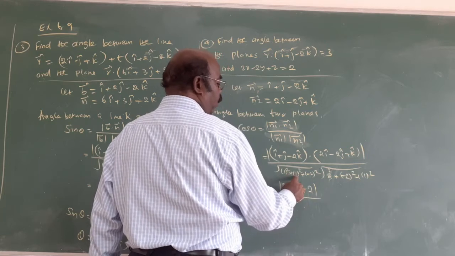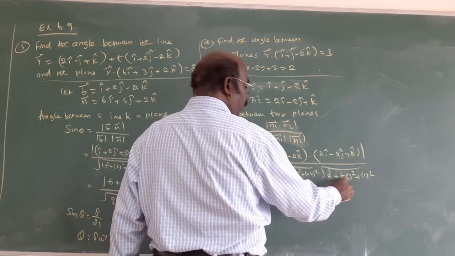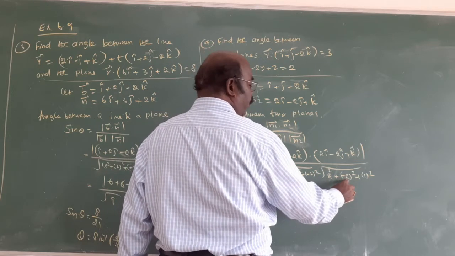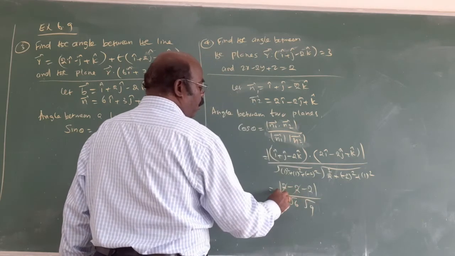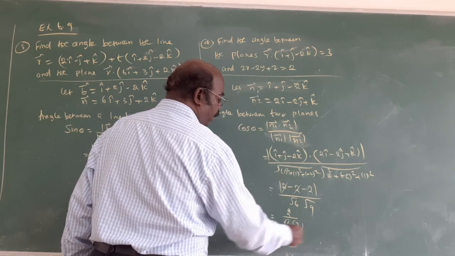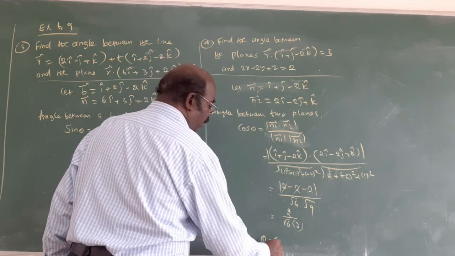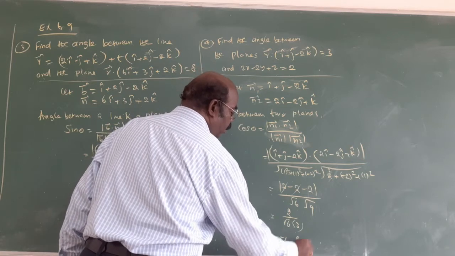Here 1 plus 4, root 5. Here 2 square 4, again 2 square 4, plus 1, that is 9. Modulus is root 5 into 3. Am I right? Therefore, theta equal to cos inverse of 2 by 3 into root 5.